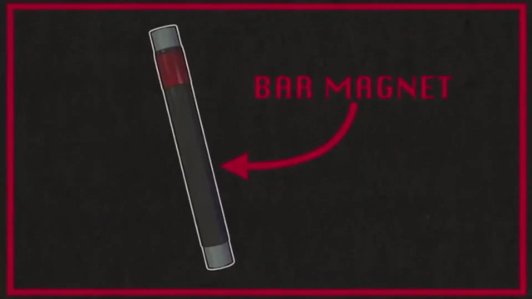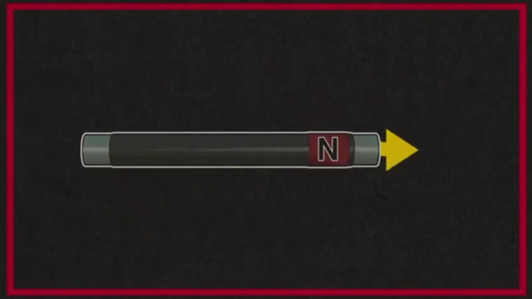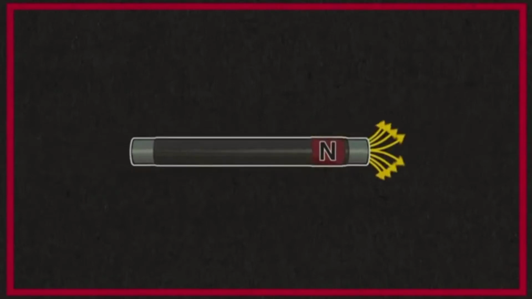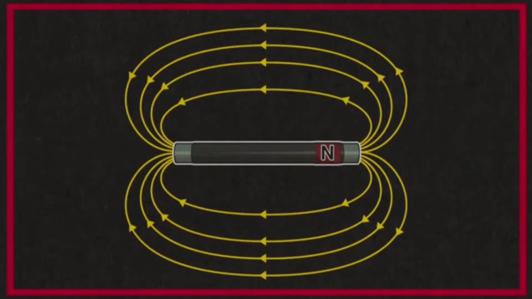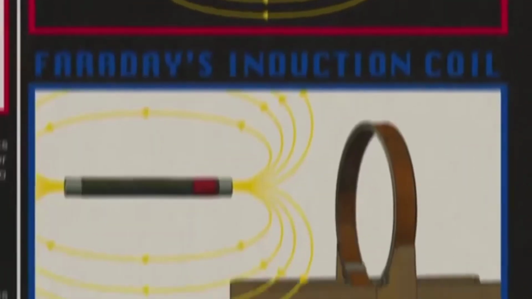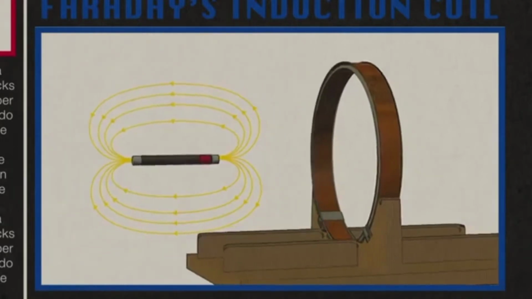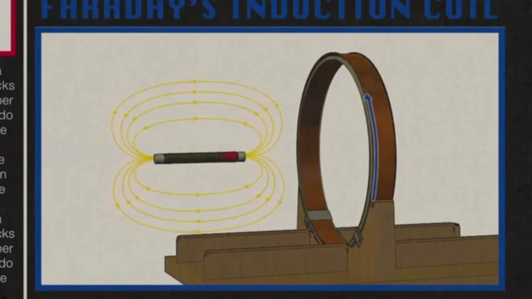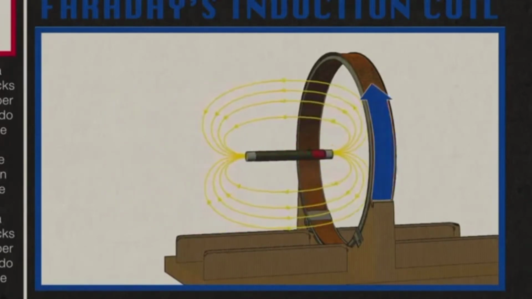We can illustrate this with a bar magnet. The magnetic field of a bar magnet points away from the North Pole. And so we could imagine a series of magnetic lines coming from the north end with arrowheads pointing away from the North Pole and toward the South Pole. If I move that magnet into this conducting coil, I am increasing the number of magnetic lines that point in the direction I'm moving.